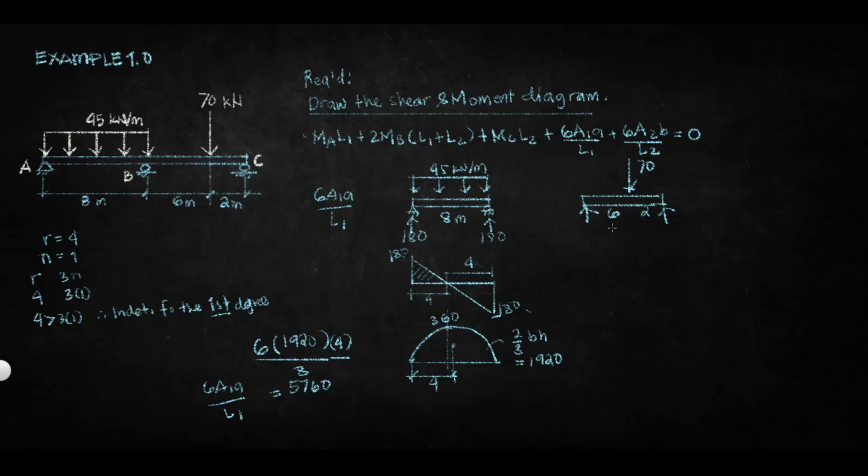So, we have, mag-moment na lang tayo dito sa point C, to sa point B dito. Okay, to get the reaction at point B using segment BC. So, we have 70 times 2 divided by 8. So, 17.5.